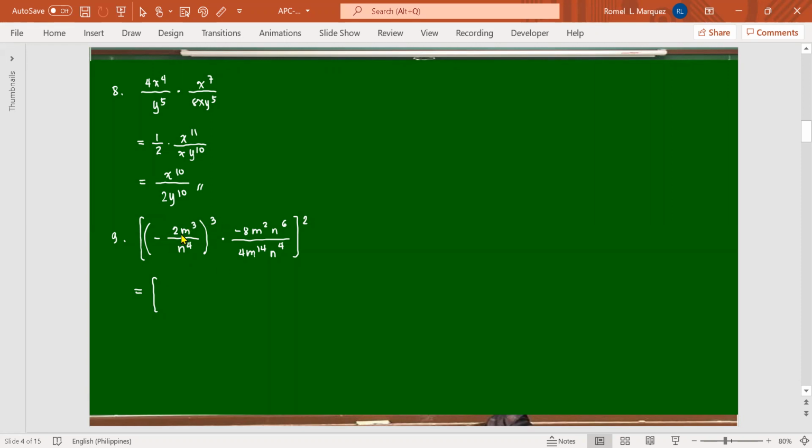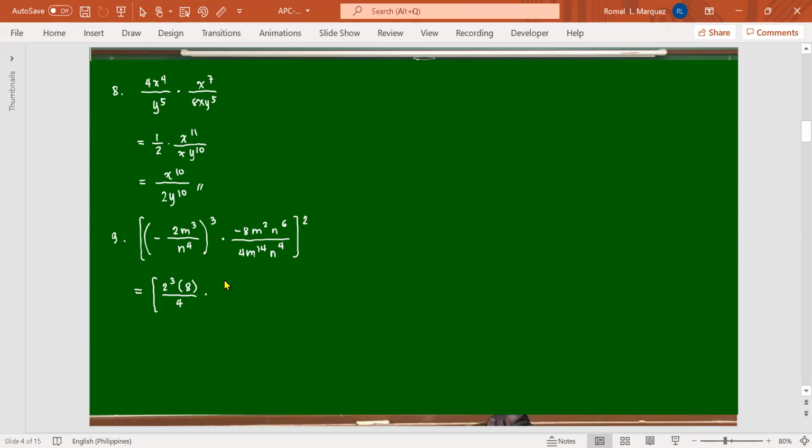So let's start with the constant coefficients. The 2 raised to 3, that is 2 cubed, no? Then we have negative 8, but positive na, no? Another constant, we have 4. These are the numerical coefficients inside.